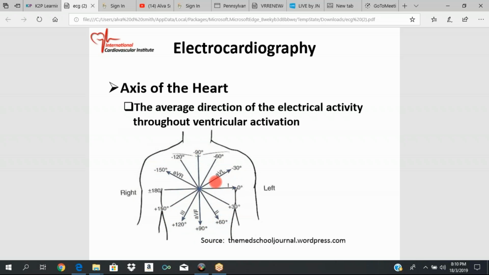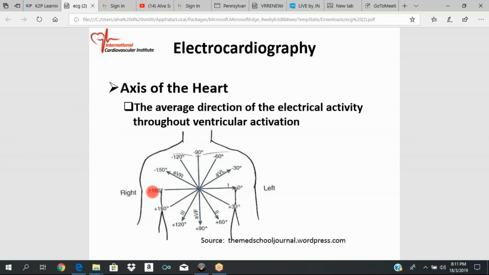The different leads have different angles, and this diagram is important for showing the different angles that the various leads subtend. Positive lead one is over here, and it subtends an angle of 0 degrees.